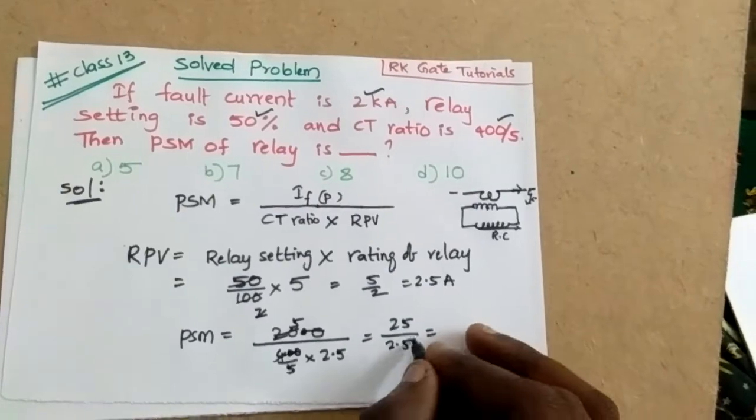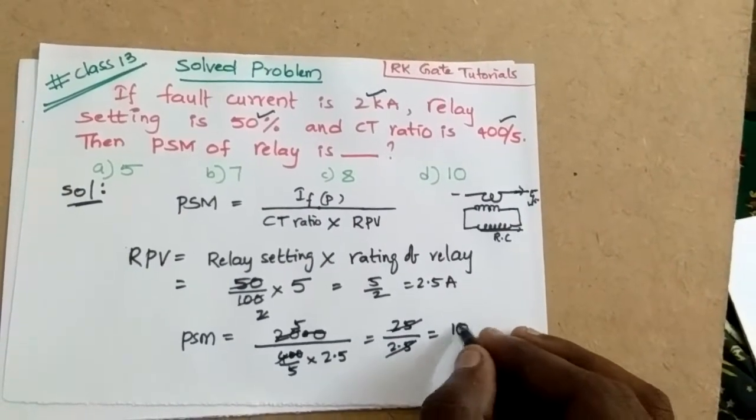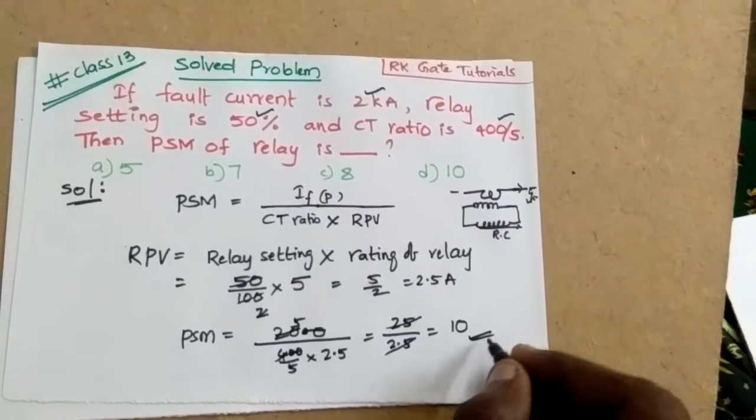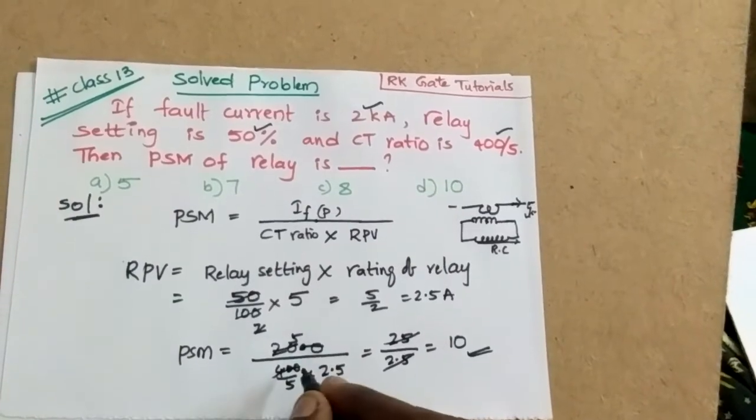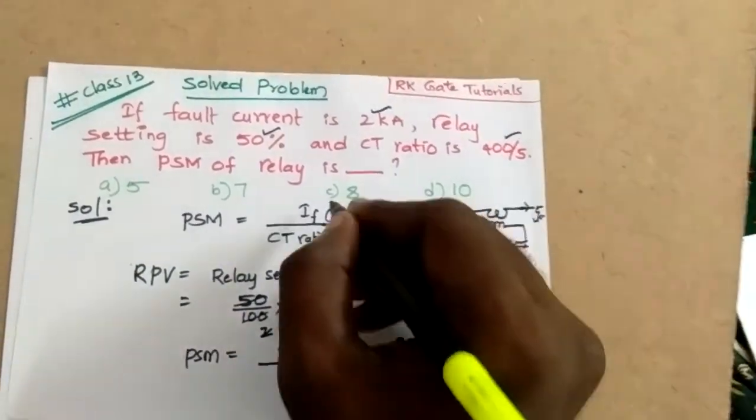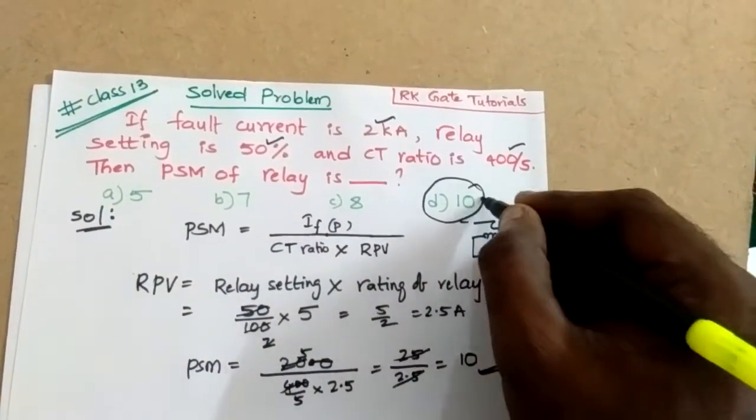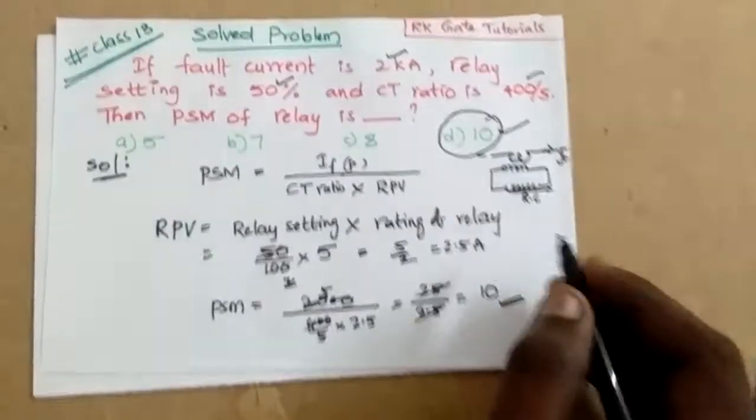So you are going to get 10. This is the PSM, the plug setting multiplier. So where is the option? Option D is the correct one.